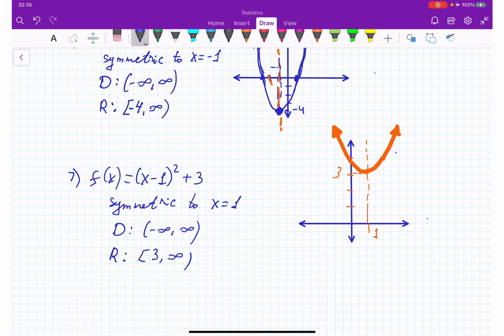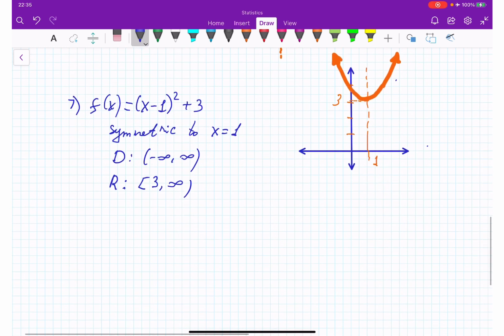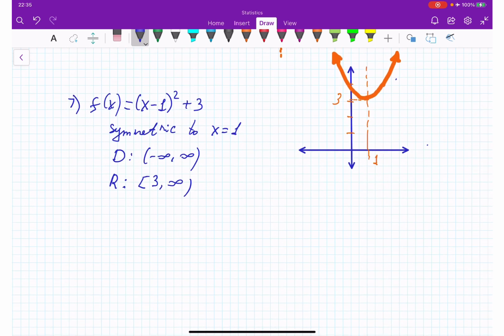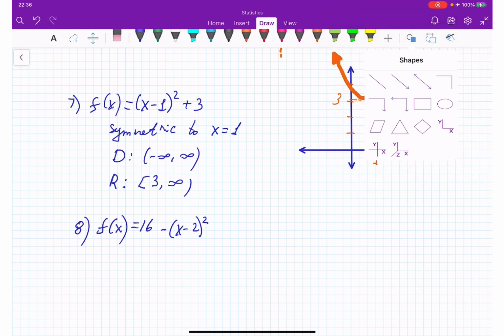Okay. Question number 8. Well, this time we have f of x equals 16 minus x minus 2 squared. So let's see. This is my graph.